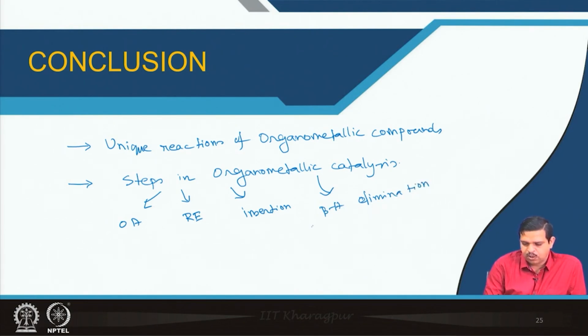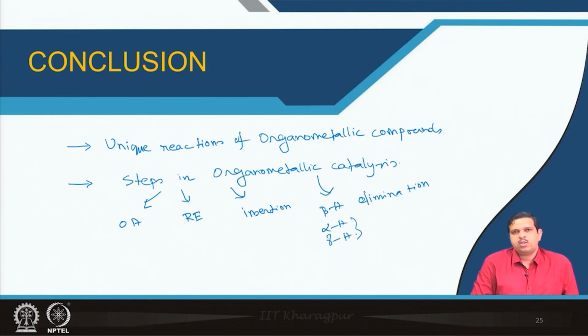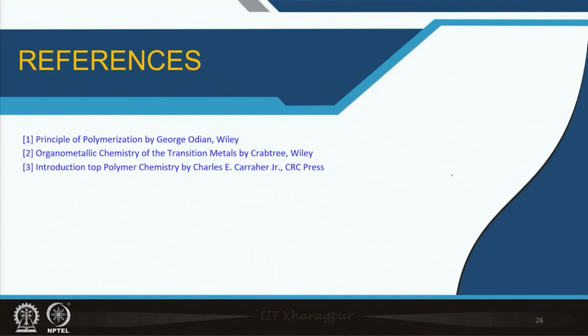As I told, alpha H or gamma H elimination may be possible, which is not very common, but more common and frequent is the beta H elimination. These are very important and very useful concepts in organometallic chemistry and the related catalysis reactions.